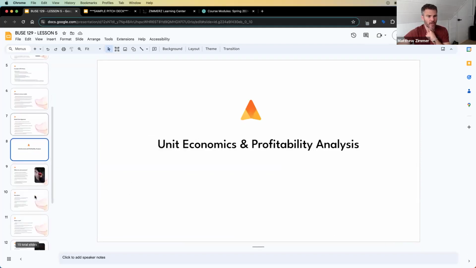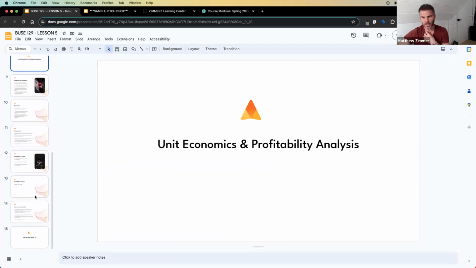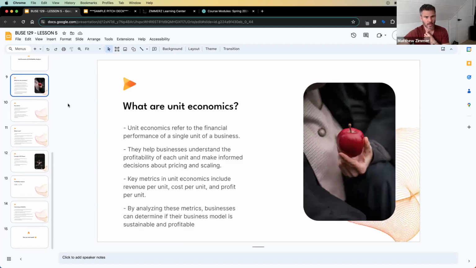All right, so let's talk about unit economics and our profitability analysis. So what are unit economics? When we refer to unit economics, we're referring to one single unit. If we're selling apples, one single unit is selling an apple. Now, you may say, no, I'm not going to sell apples, I'm going to sell a bushel of apples. In that case, a bushel of apples is your unit.